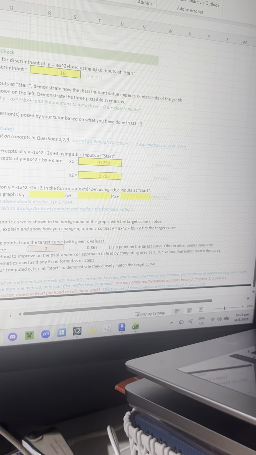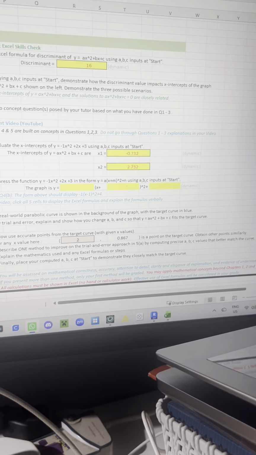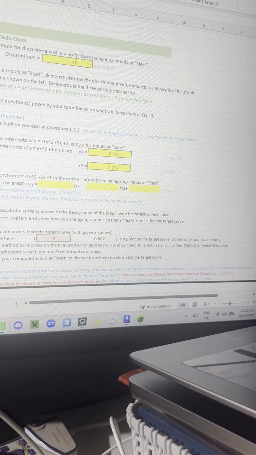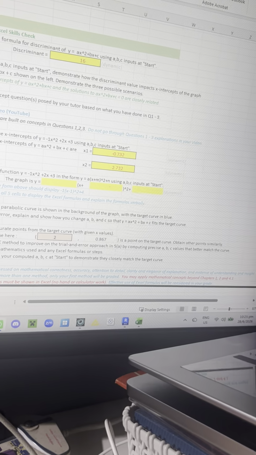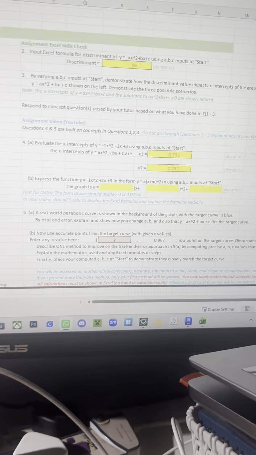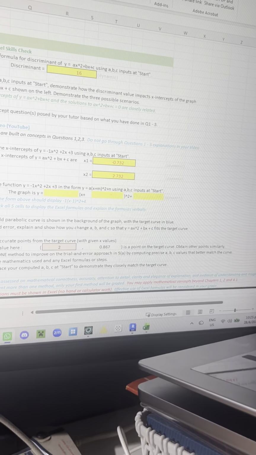To find x-intercepts, we use the quadratic formula in Excel, the Excel version of the quadratic formula, which I have set up to read the values of a, b, and c from the start cells, which are the ones I pointed out over here.